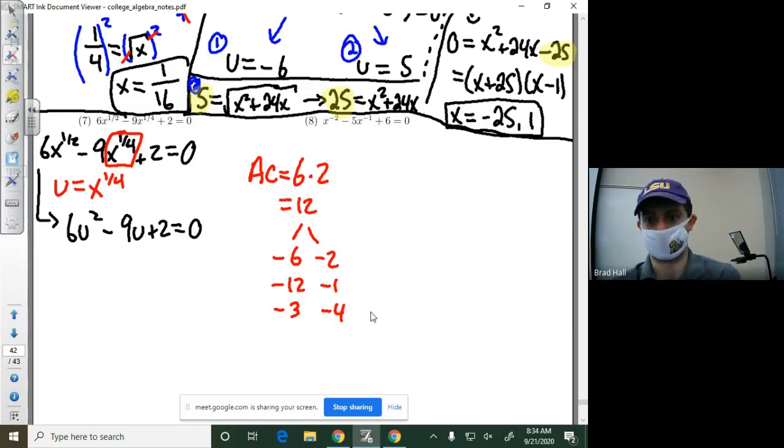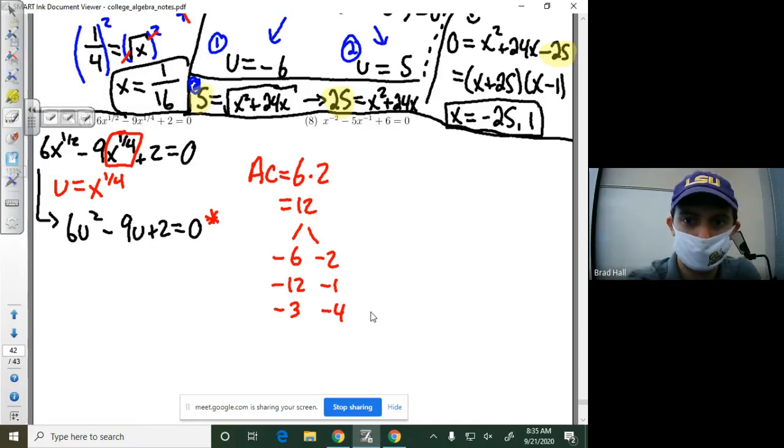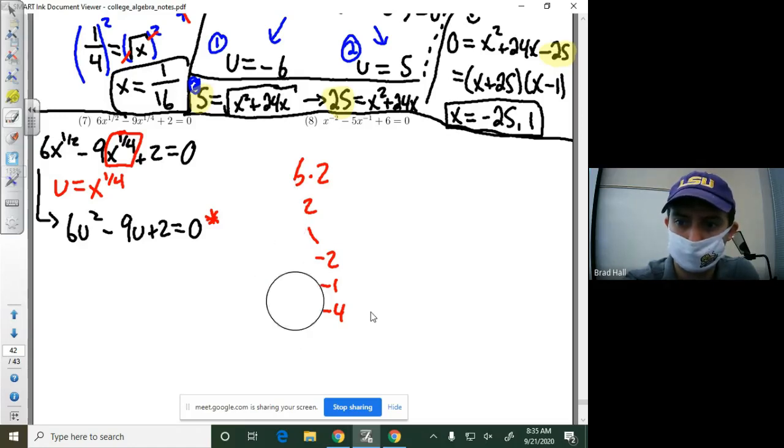And none of those would work. None of those add together to give us -9. So in other words, this does not factor, which means we have to use the quadratic formula. So the AC method doesn't work.